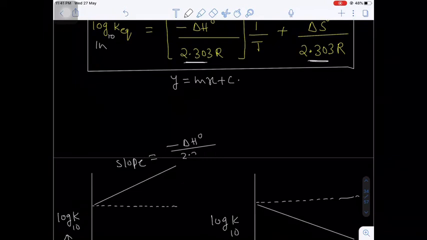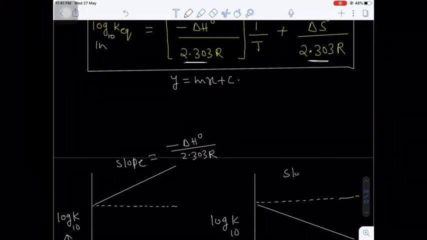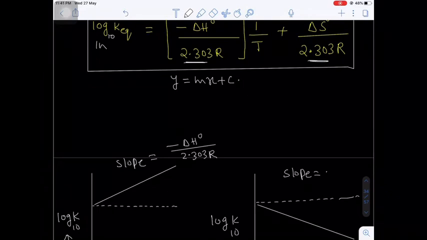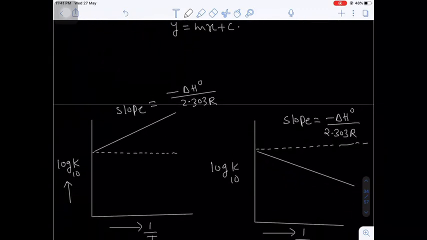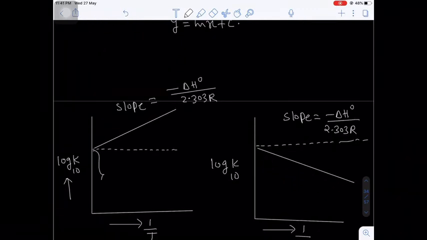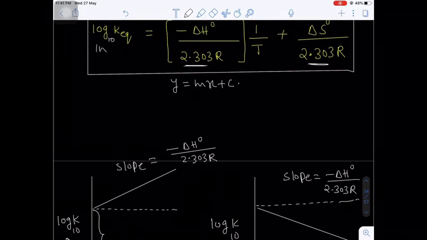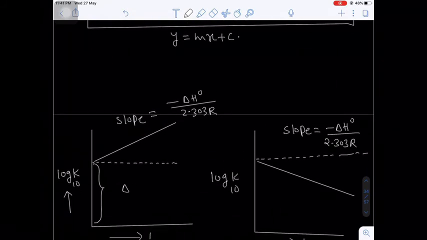Minus delta H naught divided by 2.303 capital R. Here also the slope is the same, minus delta H naught by 2.303 capital R. What is the intercept on the y-axis?